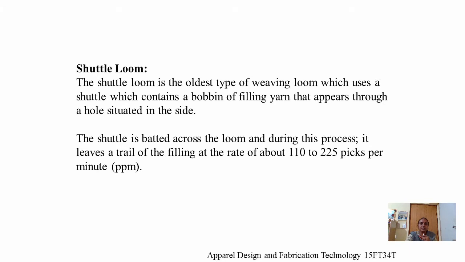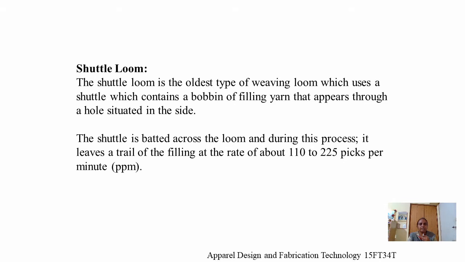The shuttle is batted across the loom and during this process it leaves a trail of the filling at the rate of about 110 to 225 picks per minute, that is ppm. That is how many weft yarns, or picks, are inserted.